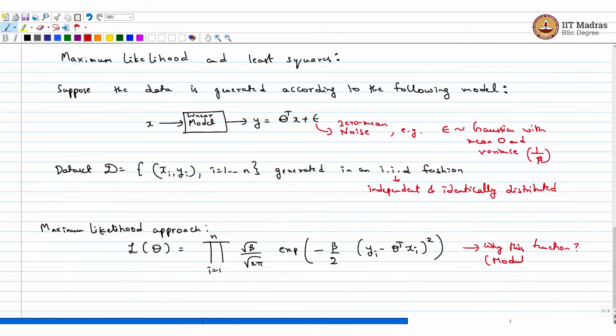This will be handled in module 6 on probability. The point is, let us assume this is a reasonable function to maximize.